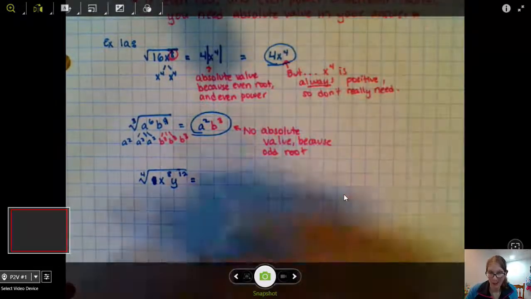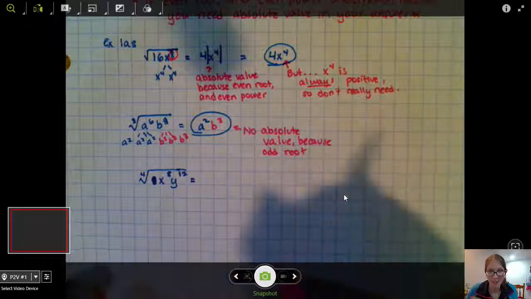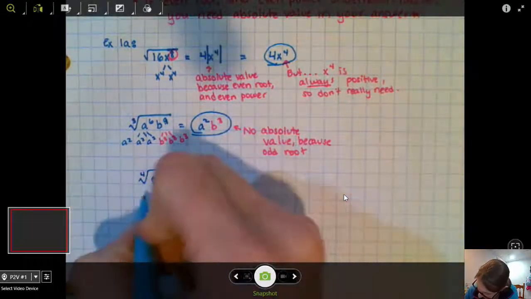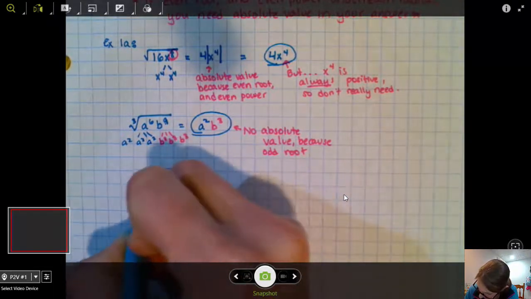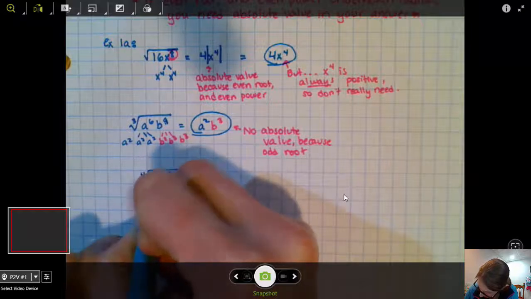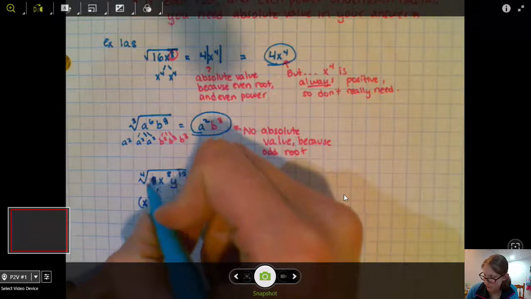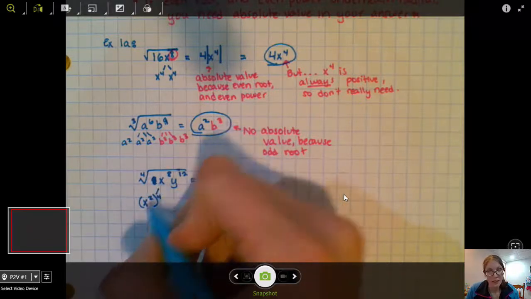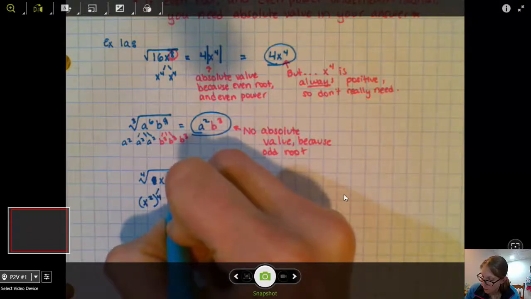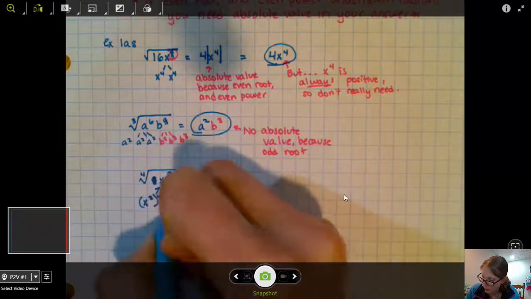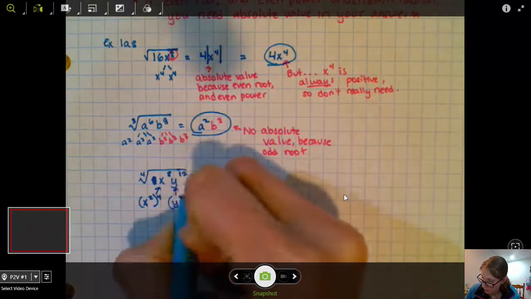Fourth root, what times itself, times itself, times itself again. So x to the 8th is x squared to the 4th power. So what to the 4th power gives you x to the 8th? It's x squared. What to the 4th power gives you y to the 12th? It's y cubed.